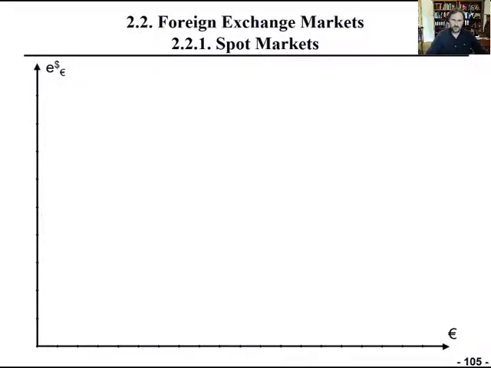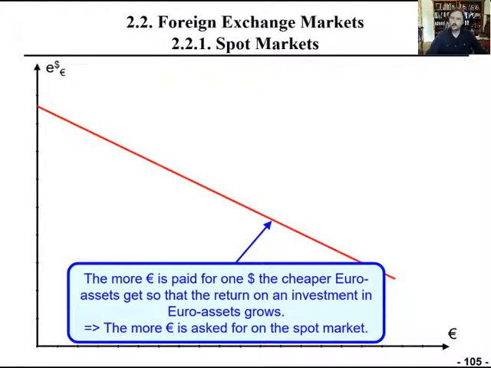Let's measure the exchange rate again on the y-axis and the volume of traded euros, the transaction volume, on the x-axis. The euro demand curve has, as just considered, the usual negative slope. The more euro is paid for $1, the cheaper euro assets get, so that the return on an investment in euro assets grows.